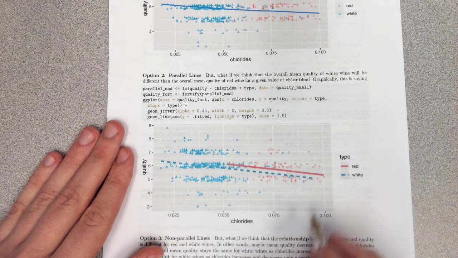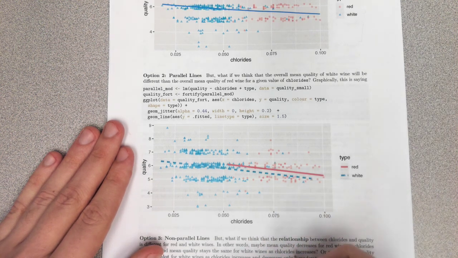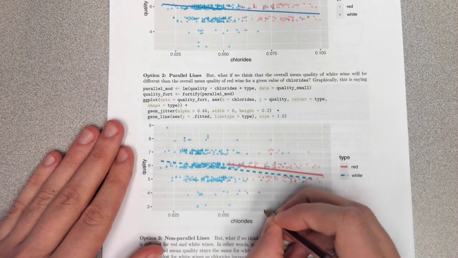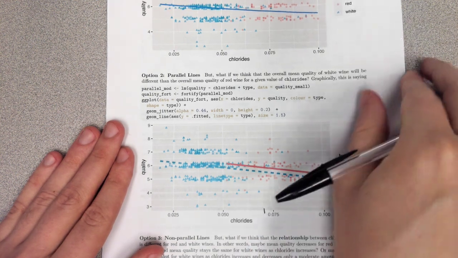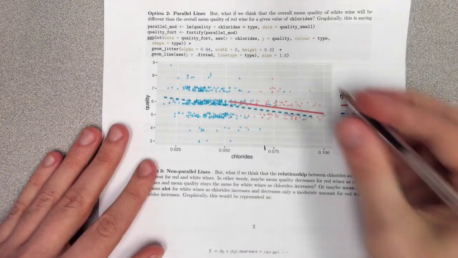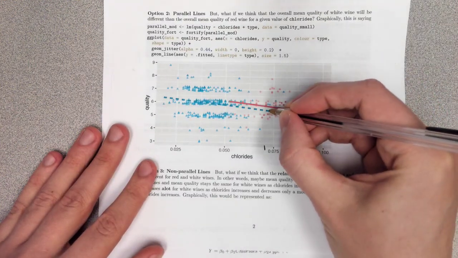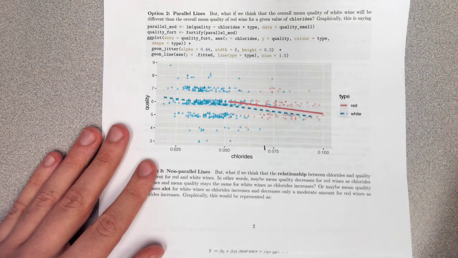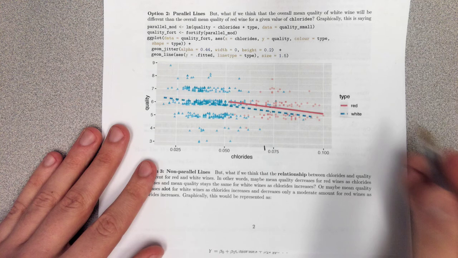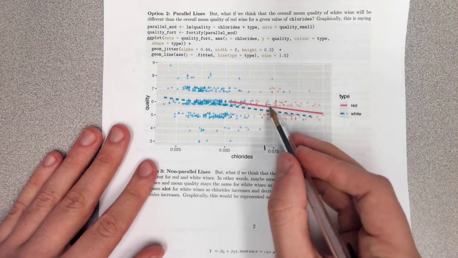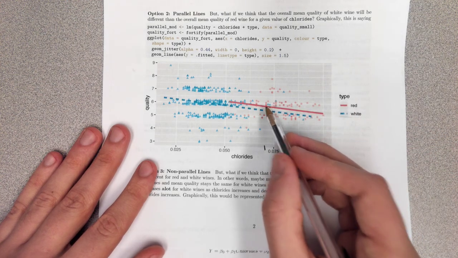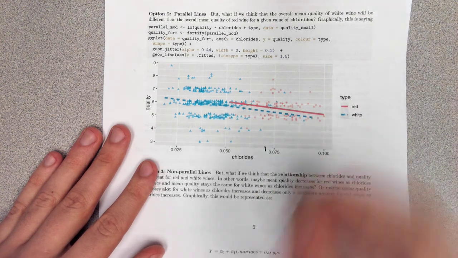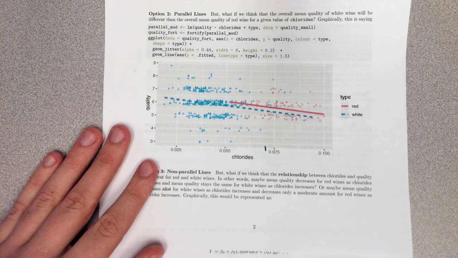What this is doing is allowing for a fixed value of chlorides, so maybe I'm just going to pick 0.7 as a fixed value of this chlorides variable, it's allowing the predicted wine quality to be different for red and white wine. In this example, it's allowing the red wine quality to be predicted higher than the white wine quality for a fixed level of this chlorides predictor.